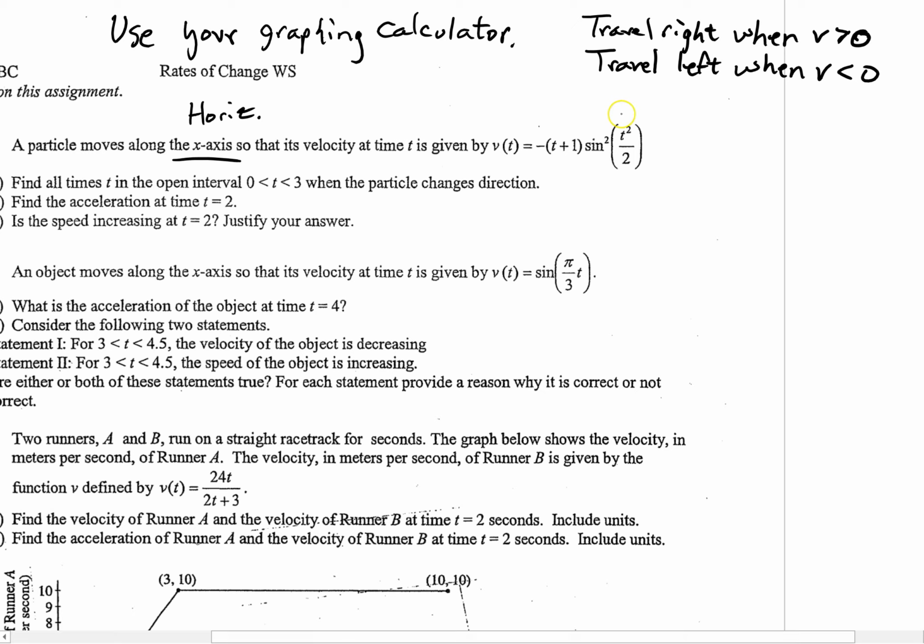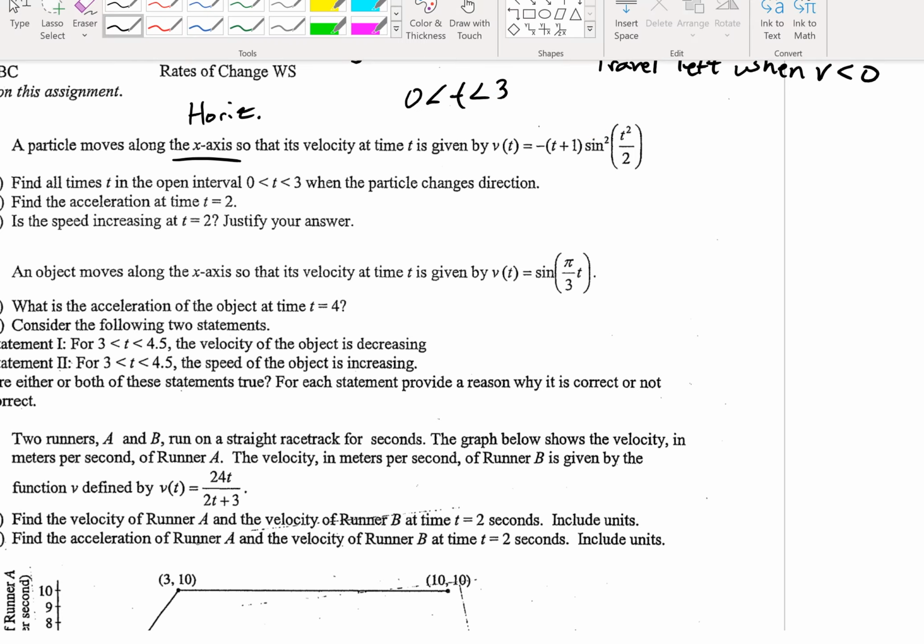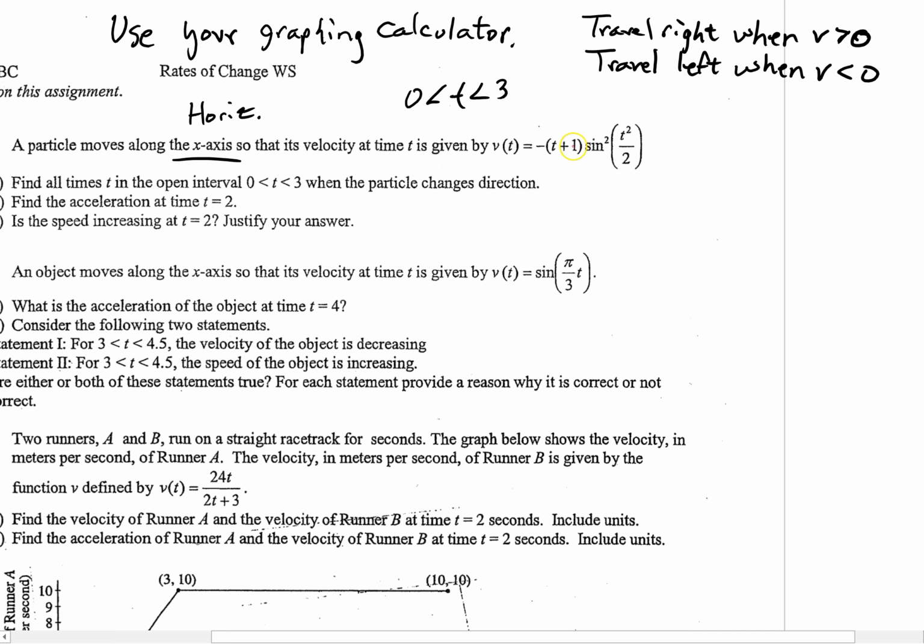Think about it this way. When you have t between 0 and 3, I hope you can see that this t plus 1 is always going to be a positive value, and you've got your negative out in front of that. Sine squared is going to be non-negative. It's always positive or 0, right?